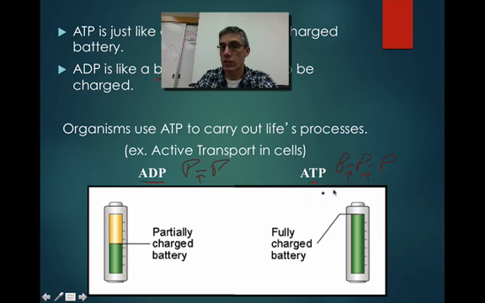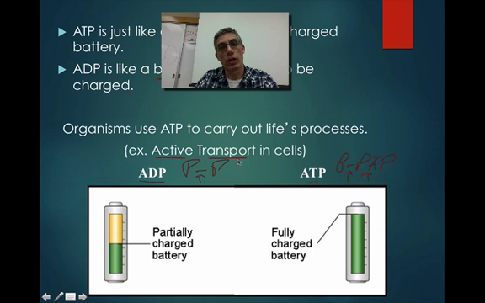Now again, to release the energy, we have to be able to break this bond. And once we break the bond, the energy is released and the cell can use the energy. Now organisms can use ATP to carry out, as we had said, all different types of life processes. We had just finished up with cell transport. Remember, active transport, in other words, the ability to move some molecules across the membrane, had to use energy.